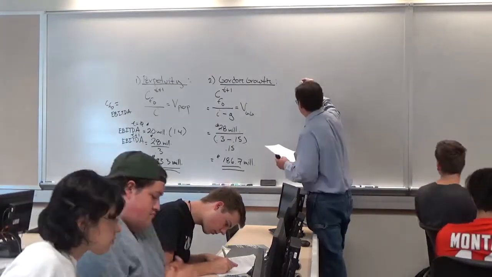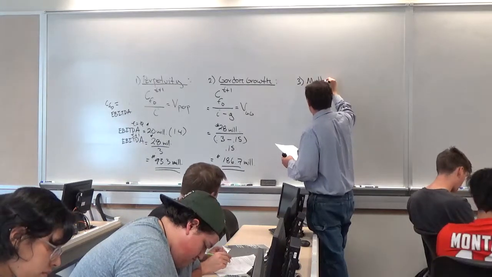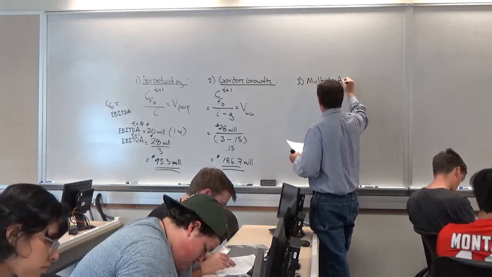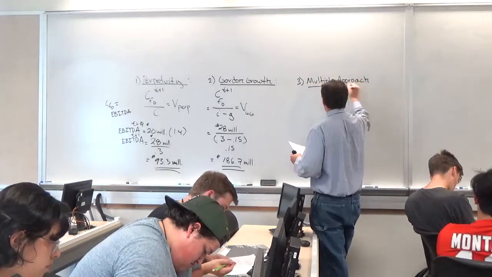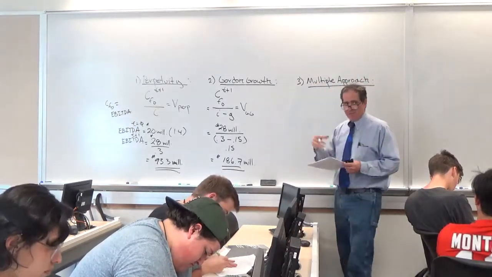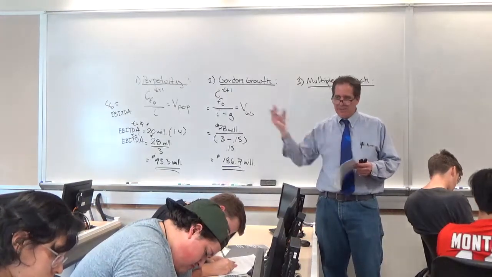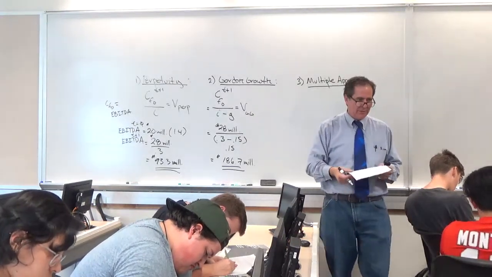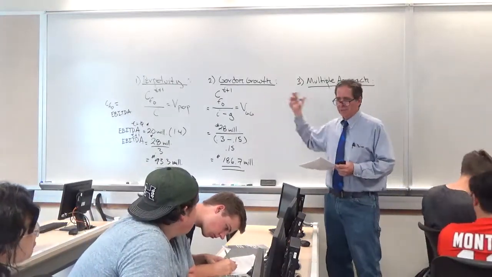So what's the third one? The multiple approach. I'll just tell you right now, the multiple approach and the DCF are basically the two main methodologies. Perpetuity and Gordon growth are pretty simple, and we can actually convert these into multiples.